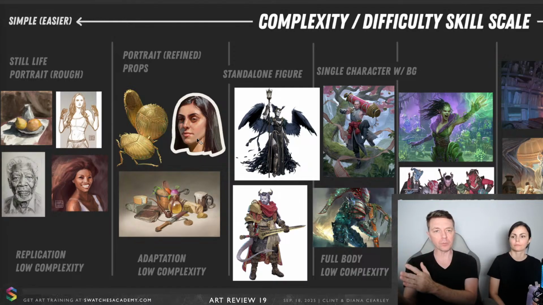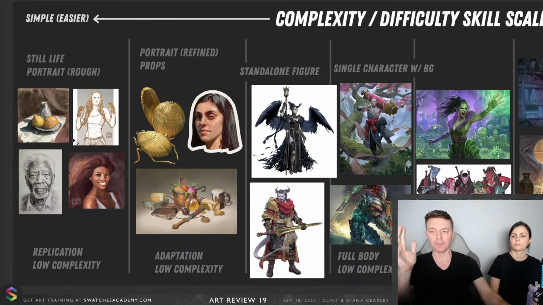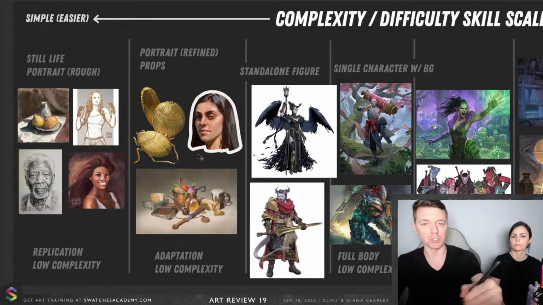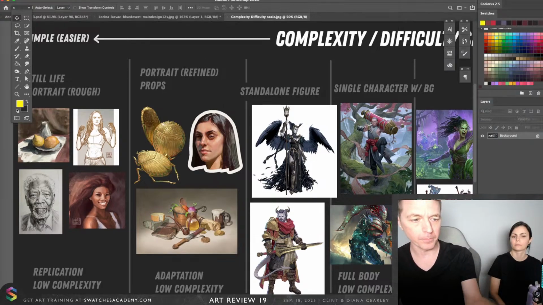So you only want to scale up the complexity and difficulty as you can with quality. So you can only reasonably move from one stage to the next stage. And you can't jump, otherwise the quality will never follow you.